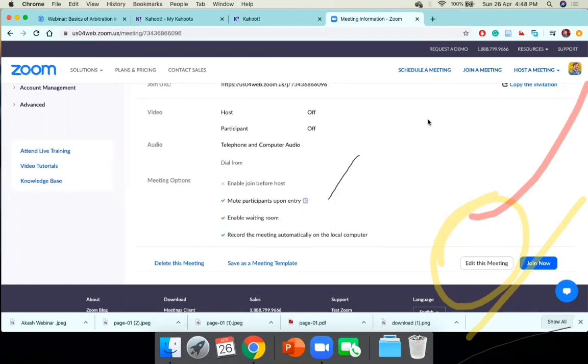Somebody asked this question: what is the difference between an arbitration clause and an arbitration agreement? One thin line of difference is, let's say you have a contract which has 100 clauses, and one of the clauses provides for arbitration.